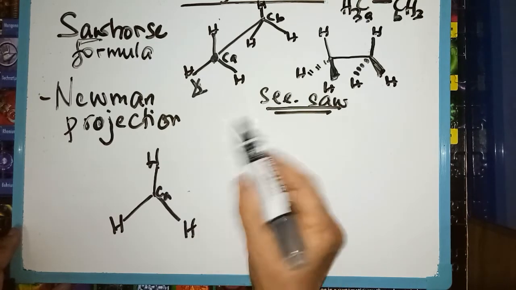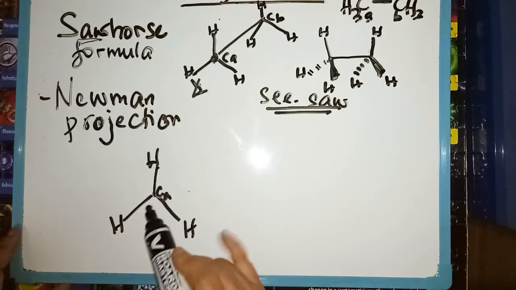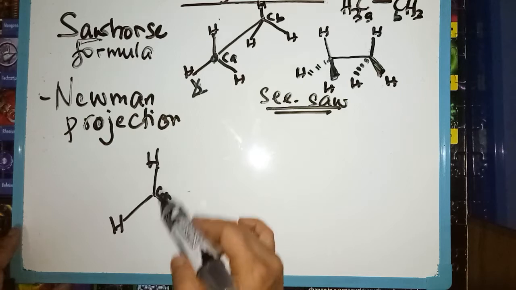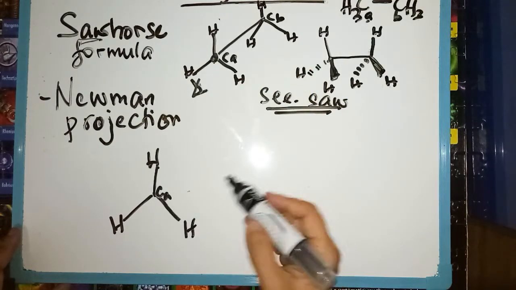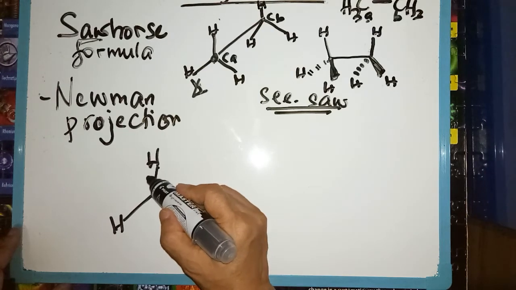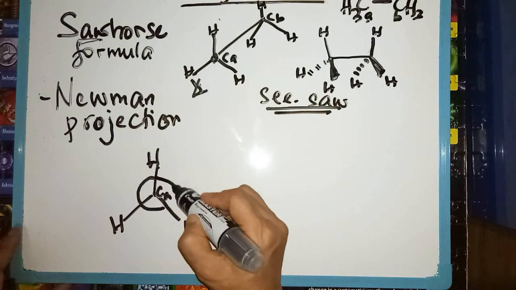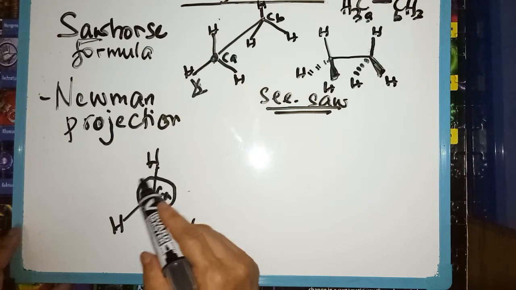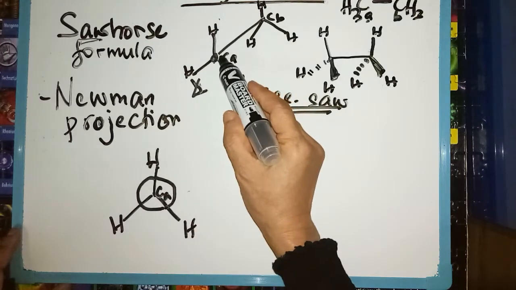Now, because I'm looking directly from this point, logically, I cannot see CB clearly from here. So I'm going to tell people that this CA is connected to CB, and I'm going to use this circle to represent the bond between CA and CB.